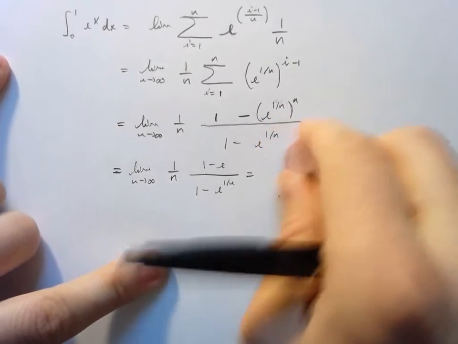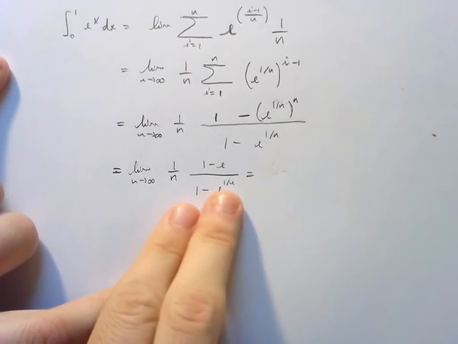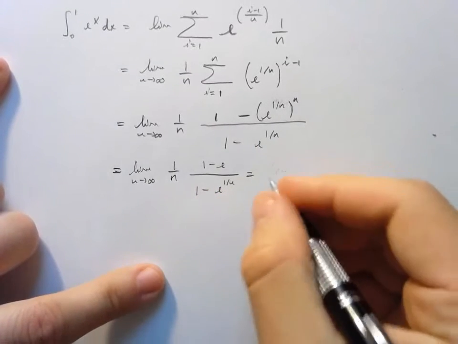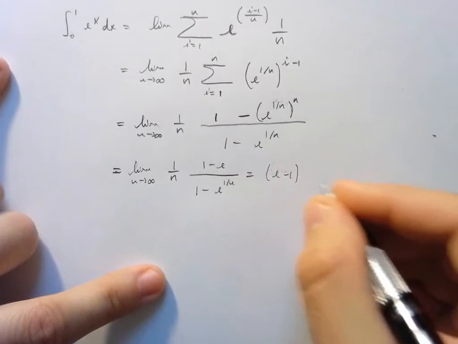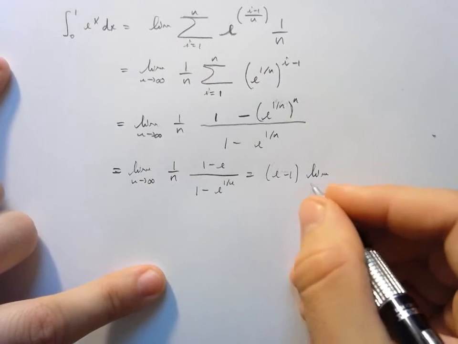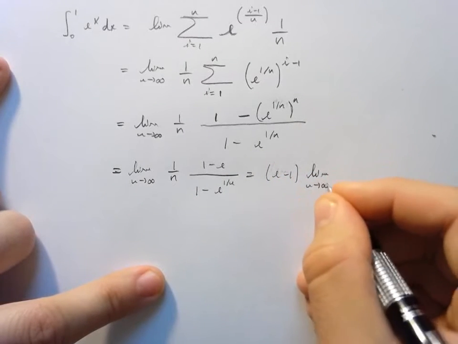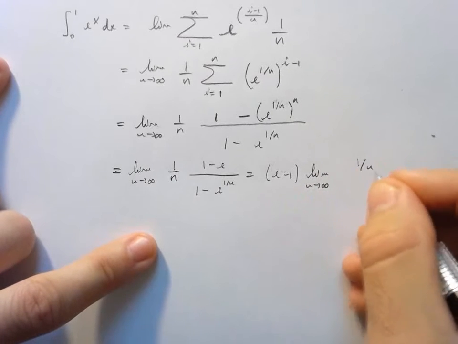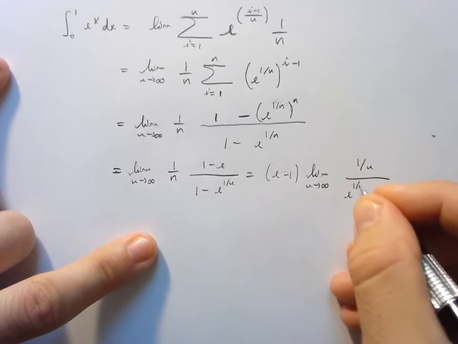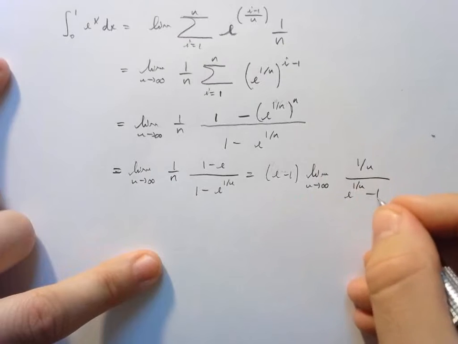I can bring the 1 minus e in front, and I also want to flip the order of these, so I'll write it as e minus 1 times the limit, because that's just a constant, as n goes to infinity of 1 over n divided by e to the 1 over n minus 1.